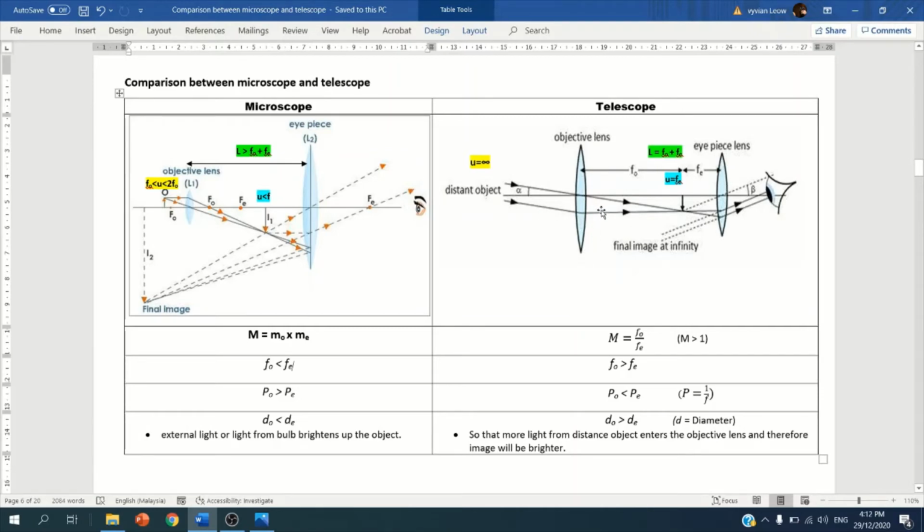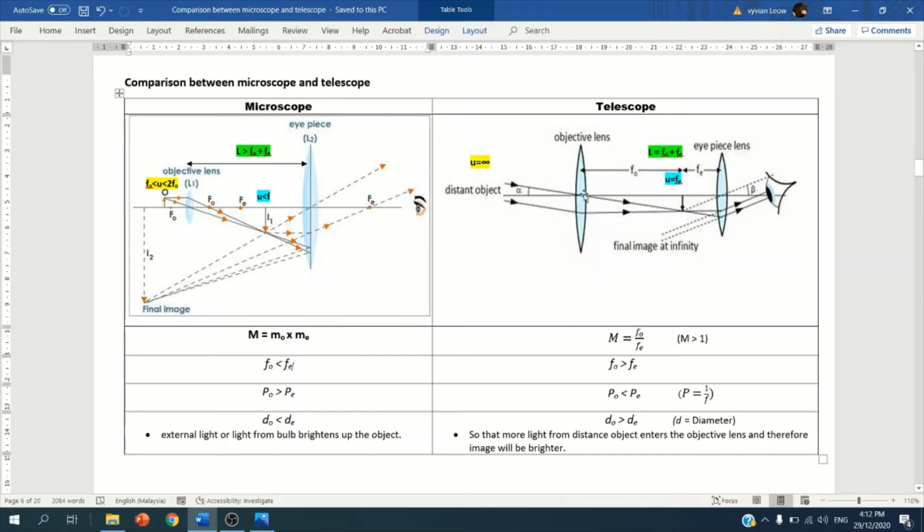Why must it be like that? We know that the telescope is used to view objects that are very, very far away, for example planets and stars. Light from these distant objects, by the time it reaches the objective lens, would have been very, very weak.